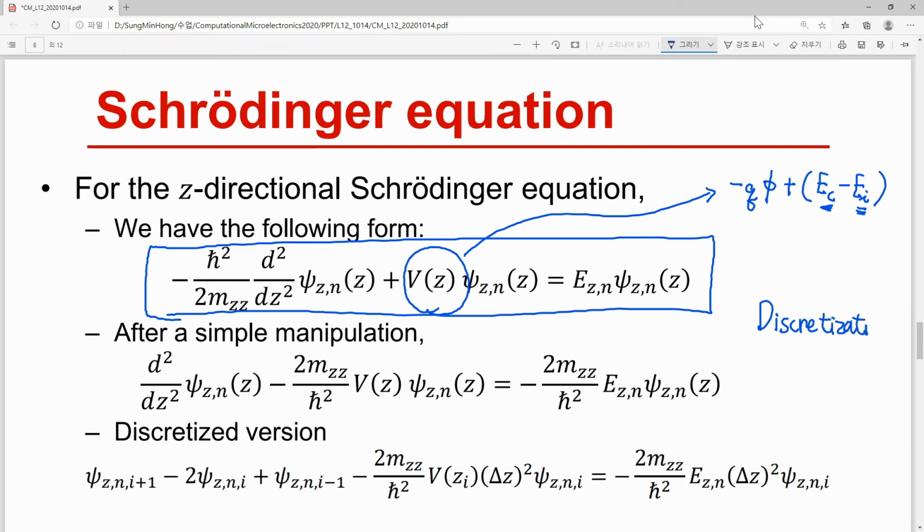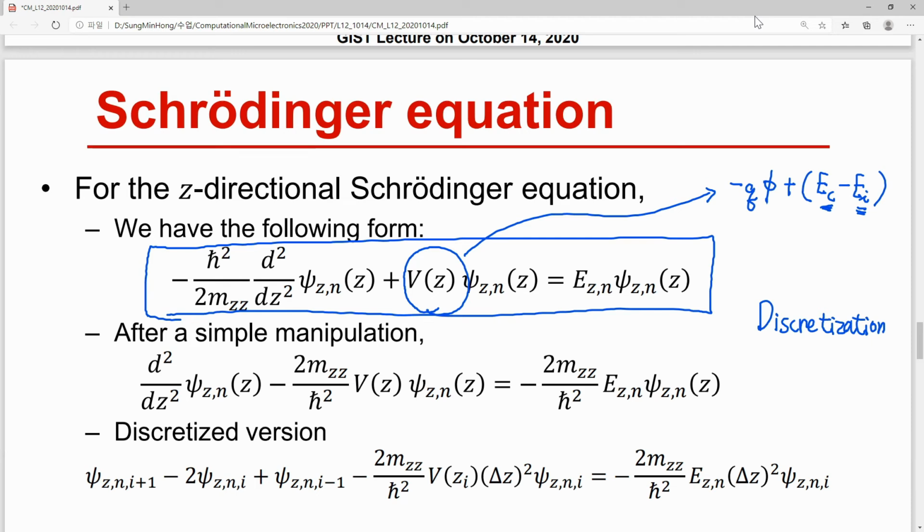And here we have discretization. As you can see, we have a second differential operator. The second differential operator can be easily mapped into this form. Of course, it has here the square of delta z. However, that can be multiplied to the left hand side and right hand side.